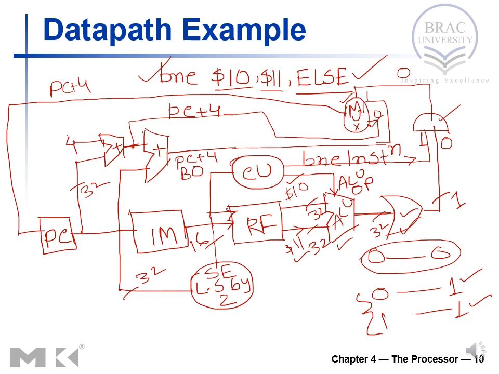So in that case this one will be 1, and the control unit is already sending 1. So the output of the AND gate will be 1. When the output is 1 and this works as selector for the multiplexer, 1 will be selected. So this link will carry PC plus 4 plus branch offset.